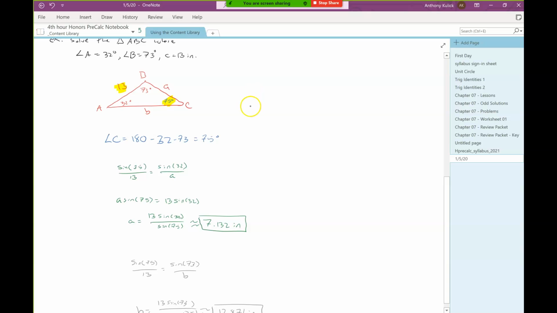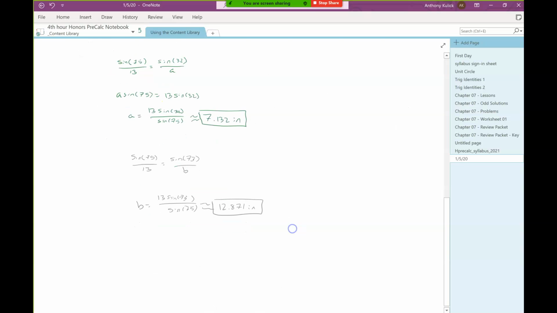So since I know that angle A is less than angle B, which is less than angle C, I know that side A should be less than B, which is less than C, which is exactly what we notice, where side A is 7.1-ish, side B is 12.7 or 12.8-ish, and side C is 13. Everybody's okay with that? Again, you don't need to do that. That's just a little check for yourself at the end to make sure you didn't do something horrific. But that theorem from geometry is quite helpful to remember.